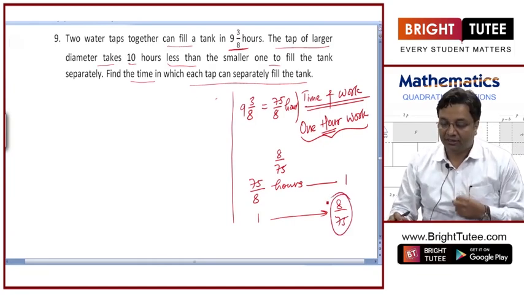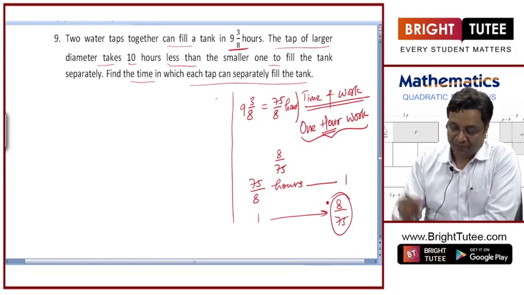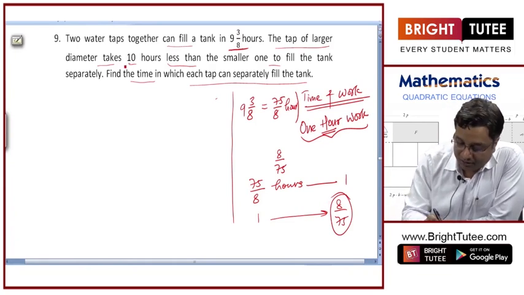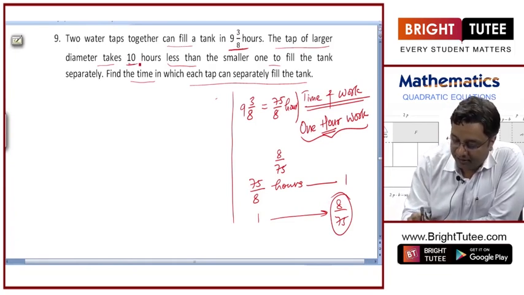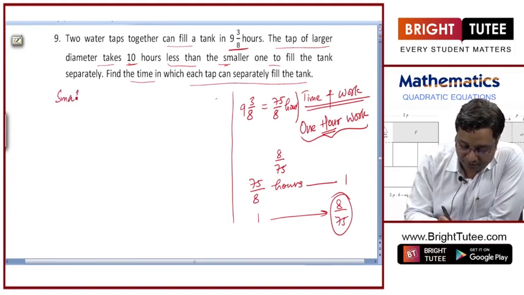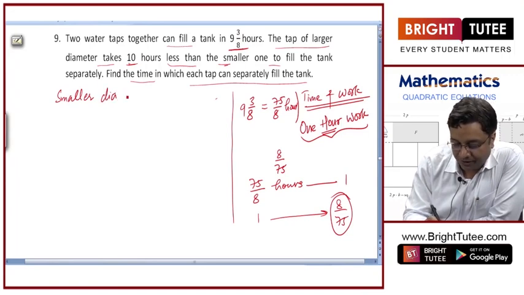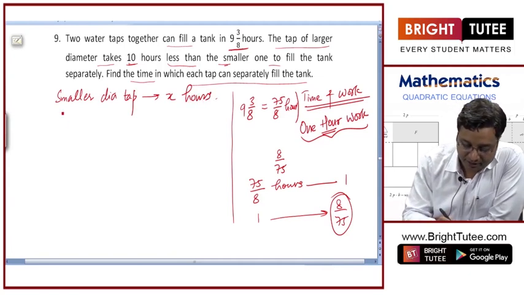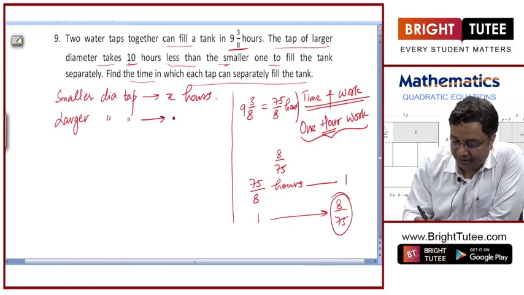So let's learn the 1 hour work concept. The larger diameter tap takes 10 hours less than the smaller one. Let's say the smaller diameter tap takes x hours to fill the tank, right? Then the larger diameter tap will take x minus 10 hours.